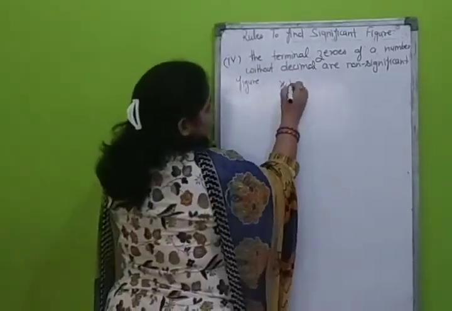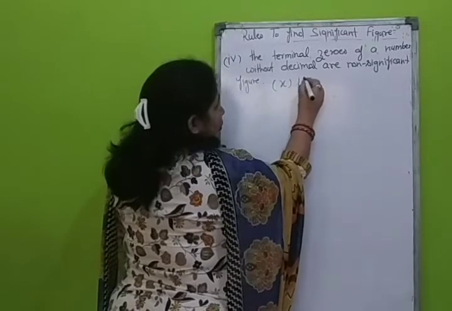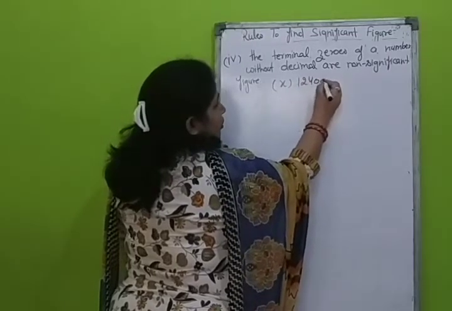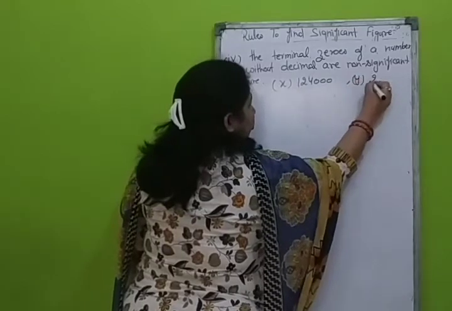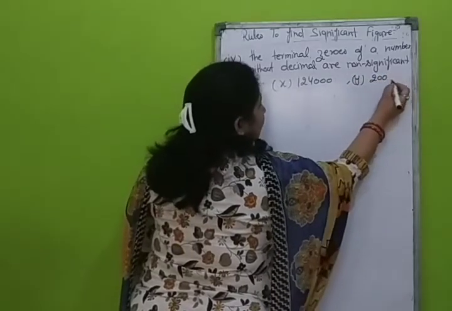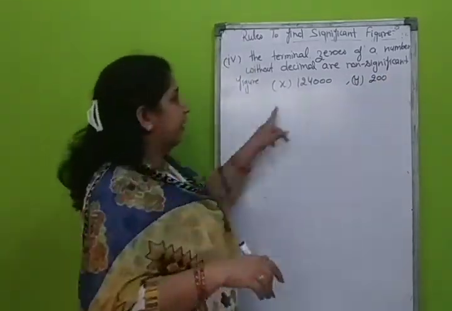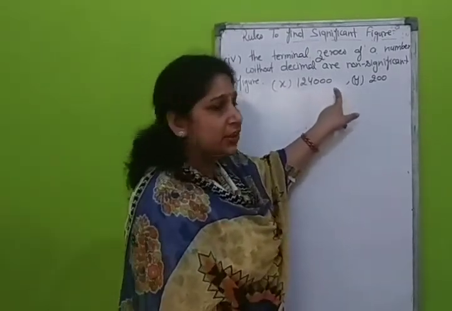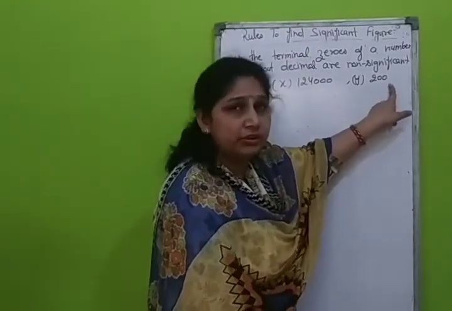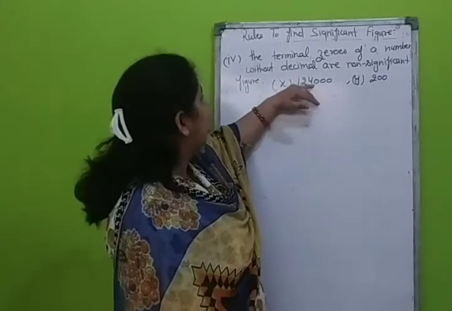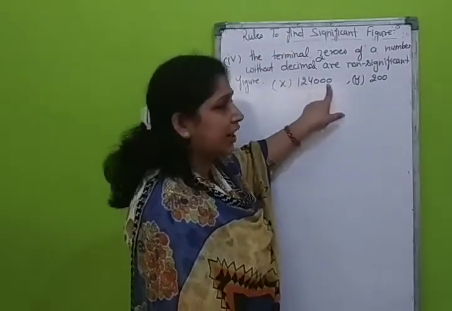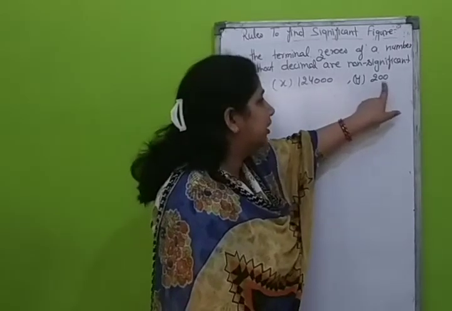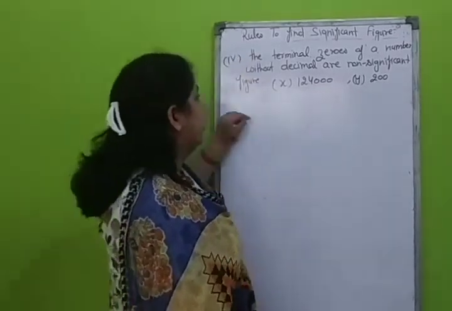Suppose we have two numbers, x 124000 and y 200. Then what do we have? Here there are 3 terminal zeros, and here we have 2 terminal zeros. But according to the rule of significant figures, these 3 zeros are not significant, and these 2 zeros are not significant.